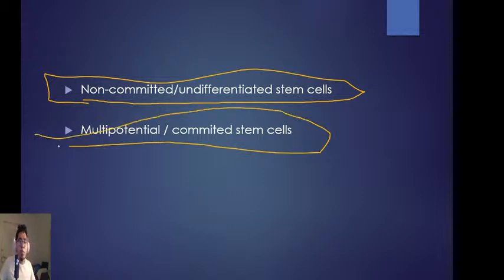These are the ones with a specific purpose, right? So when we say multipotential, it's capable of forming different types of cellular progenitors. So doon na tayo pumapasok sa tinatawag natin na mga multipotent stem cells, multipotent hematopoietic stem cells.